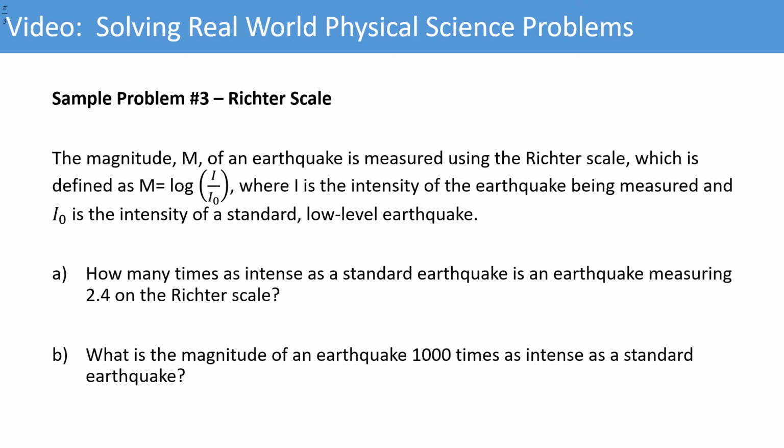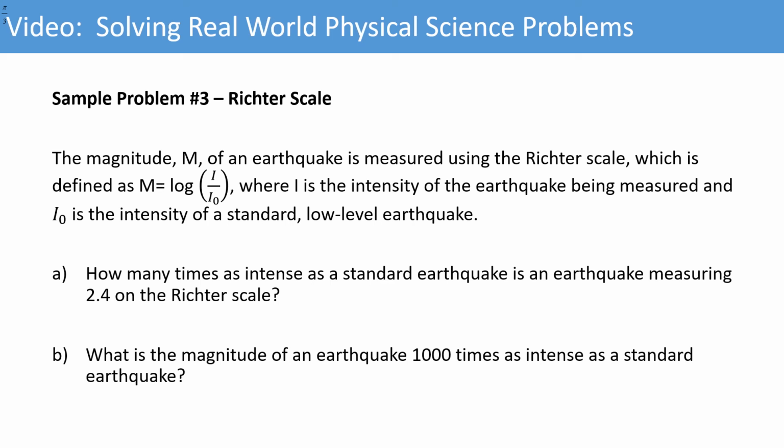Now, let's look at the Richter scale. The magnitude M of an earthquake is measured using the Richter scale, which is defined as M for magnitude is equal to the log of I, the intensity of the earthquake, divided by I subscript 0, which is the intensity of a standard low-level earthquake.